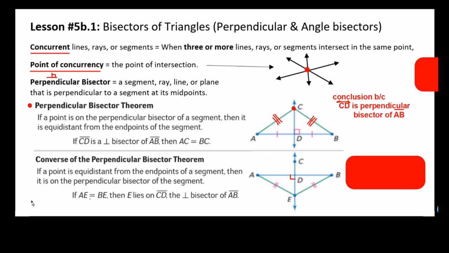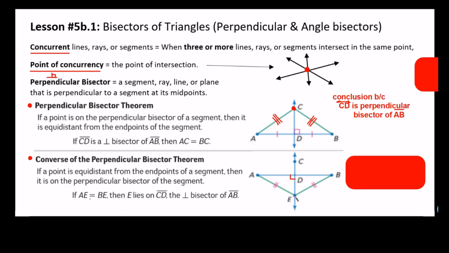All right, now let's talk about the converse. The converse, if you remember, is when you switch the hypothesis with the conclusion. So basically, let's say I have a point that is equidistant to the endpoints of a segment. So I know that this distance is the same as this.